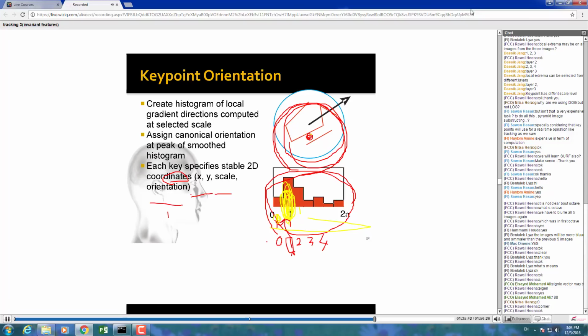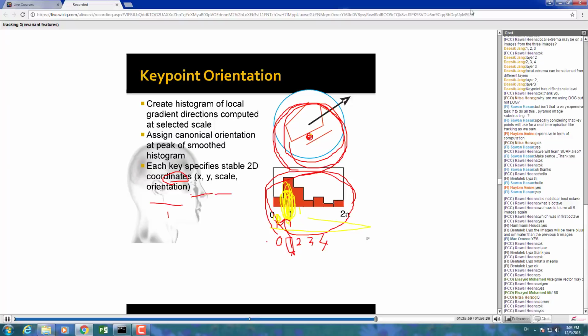Because we cannot represent the angle as 360, too much detail, right? So instead, we are making a histogram of bins. Every bin of this histogram represents a certain range, like from 0 degrees to 10 or to 45, something like that. Is that clear? So this becomes the final key point information.